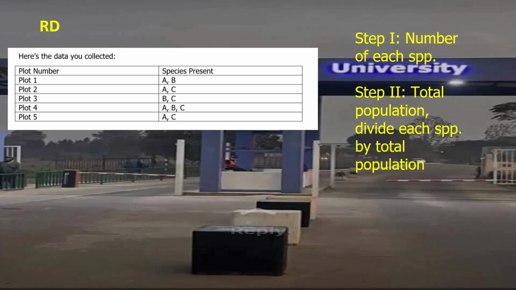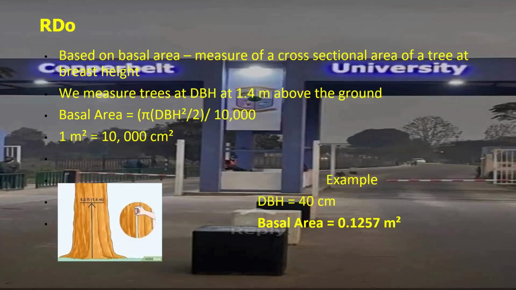Therefore, the relative density for species A is 36.36, for species B is 27.27, and for species C is 36.36%. We are done with the relative density. It's much easier than calculating relative frequency. I hope that's clear. Let's move forward.